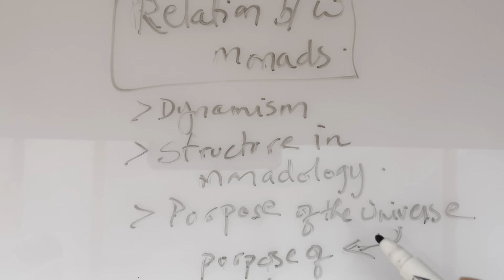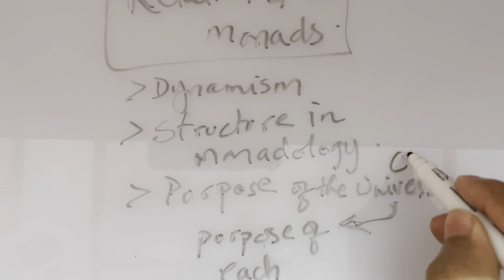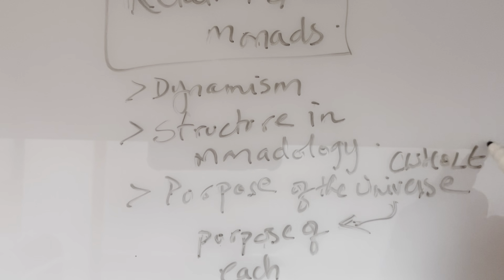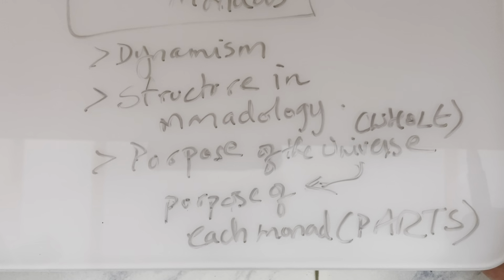Since the universe only consists of monads, it is the entire purpose of the universe as a sum of its parts, or the purpose of each monad. Unity in diversity again, wholes as parts, this time from the lens of Leibniz.